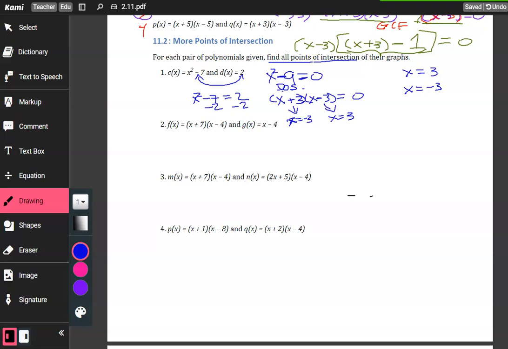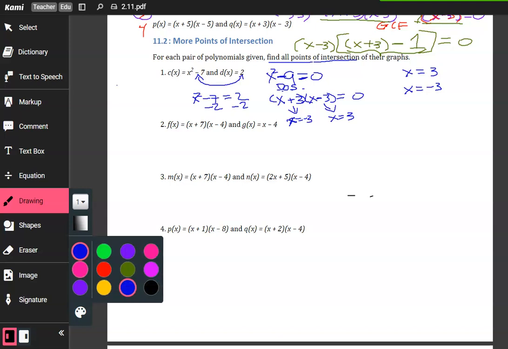All right, and remember the final answer is not 3 and negative 3. We need to find the y coordinate. What is the y value? So consider both of your graphs, and you're going to plug in your x values to one of the equations. There's nothing to plug in on d of x, so our focus is going to be on c of x.